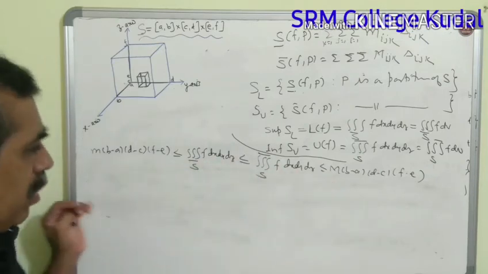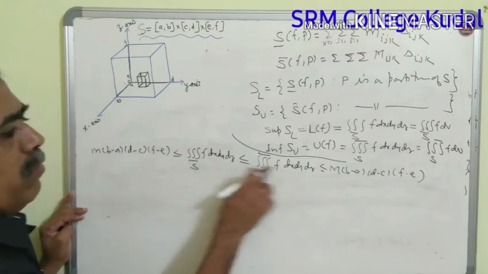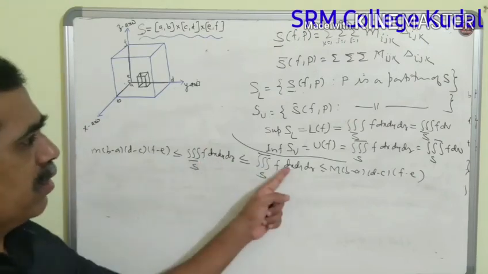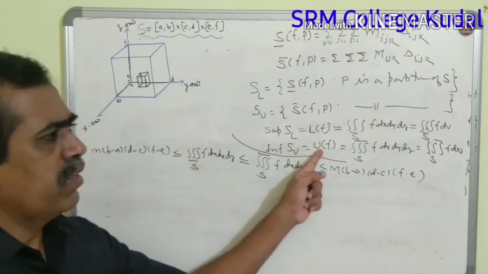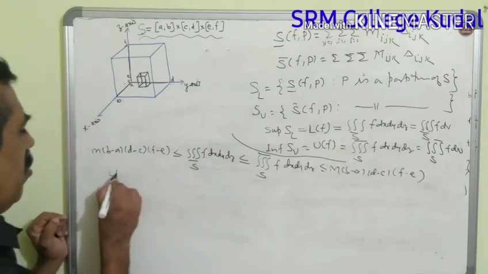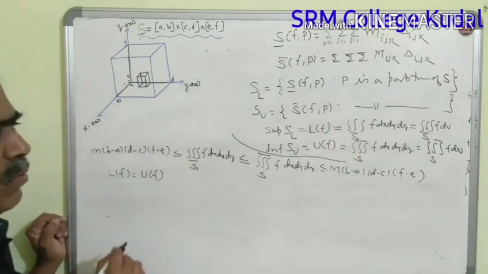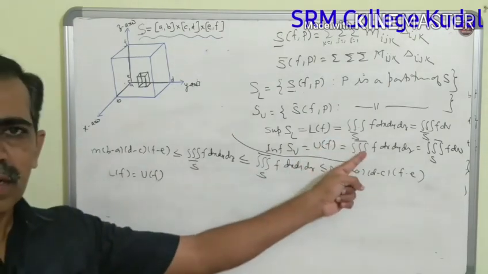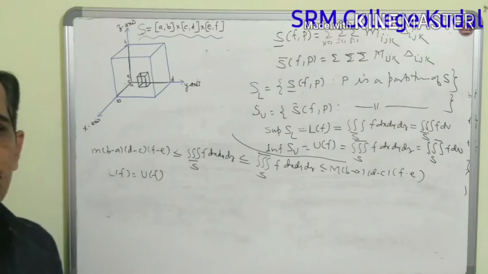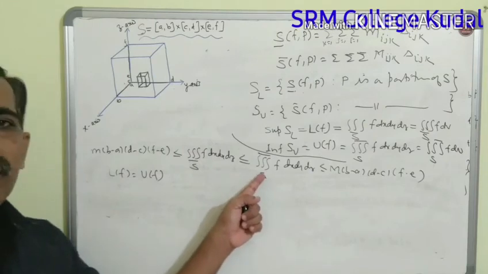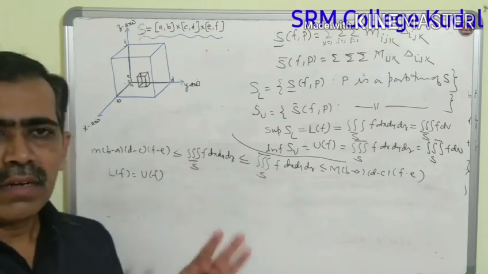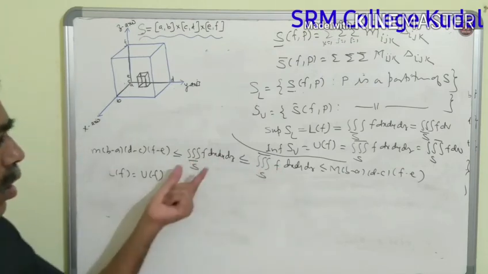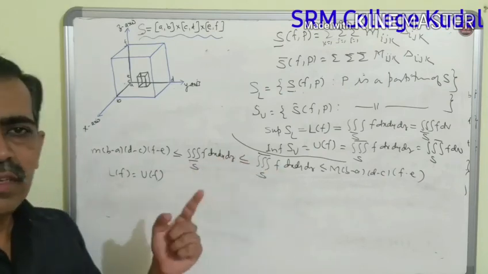Now if these two are equal, if the lower triple integral L of f is equal to U of f, we say that the function f is integrable or triple integrable over the cuboid S. Since either is a definite number, they carry some common value.